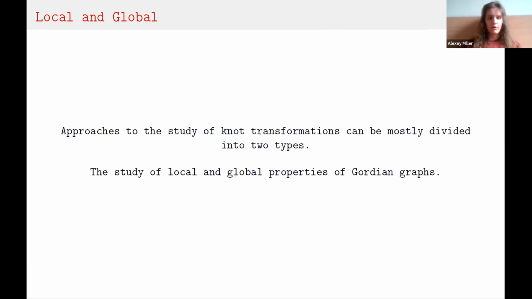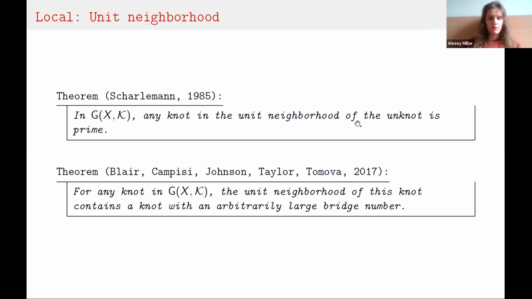The classical local properties are related to the study of neighborhoods of vertices in Gordian graphs. We can see on the screen some classical results about unit neighborhoods. For example, Scharlemann's theorem says that in the crossing change Gordian graph, any knot in the unit neighborhood of the unknot is prime.